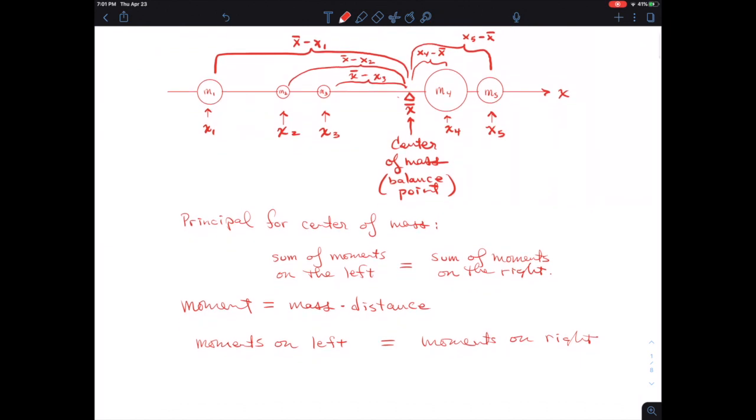So if you do the moments on the left, you would take the first mass, m1, times the distance, which is x bar minus x1, plus the second mass, m2, times the distance, x bar minus x2, plus the third mass, m3, times the distance, x bar minus x3.